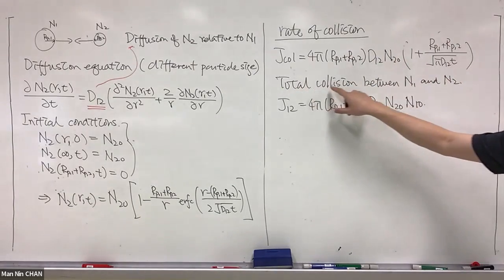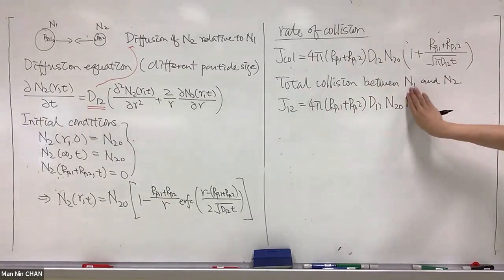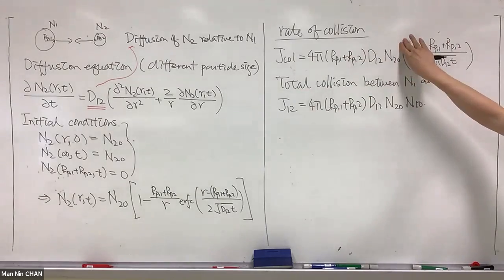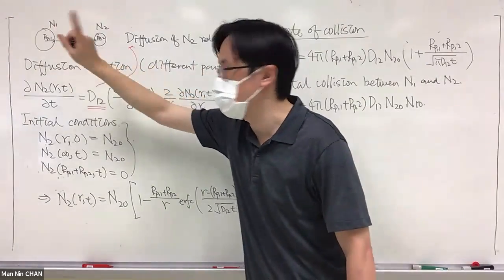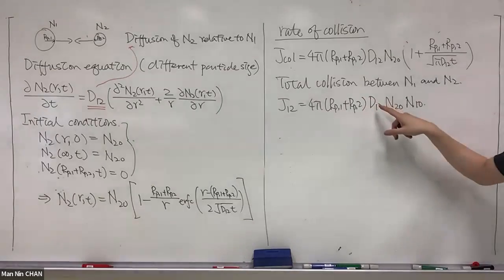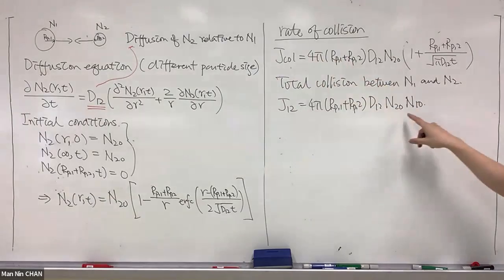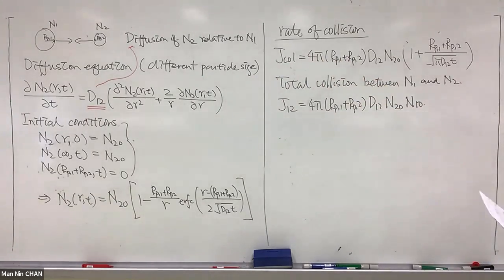Then I want to calculate the total collision between the N1 and N2. Because this equation is just for the collision of the N2 to one stationary N1, just one particle, if you want to look at the total collision between N1 and N2, you just times your N1 naught here. That will give you the total collision.